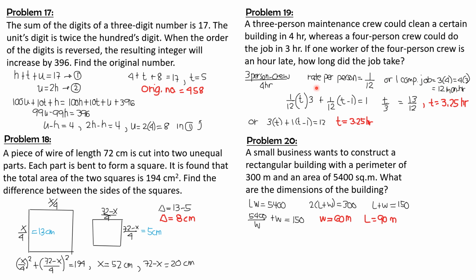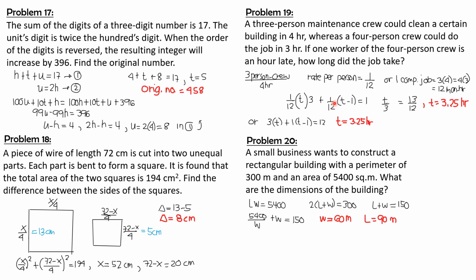So therefore, first solution: for the 4-person crew, 1 over 12, the rate per person, working for T hours. There are 3 persons from the 4-person crew who work for T hours.